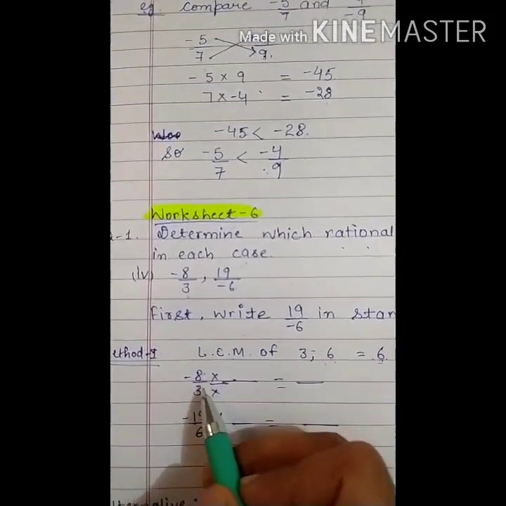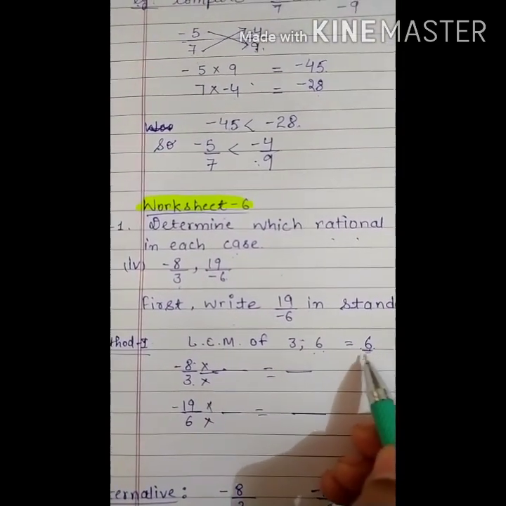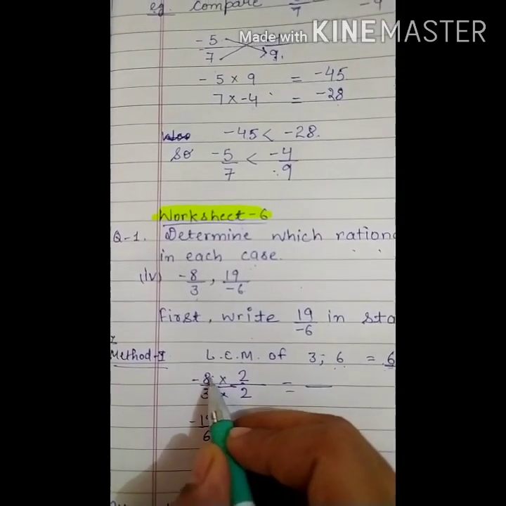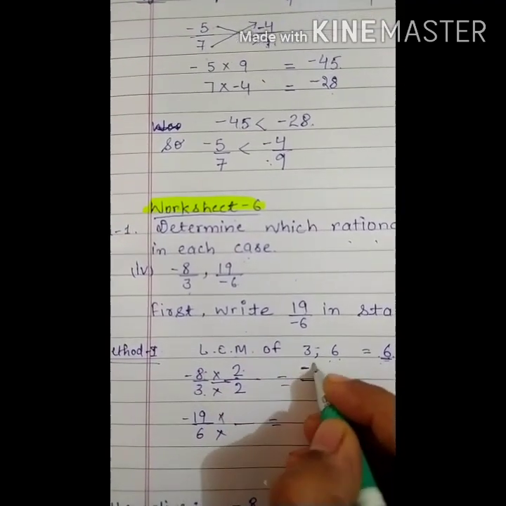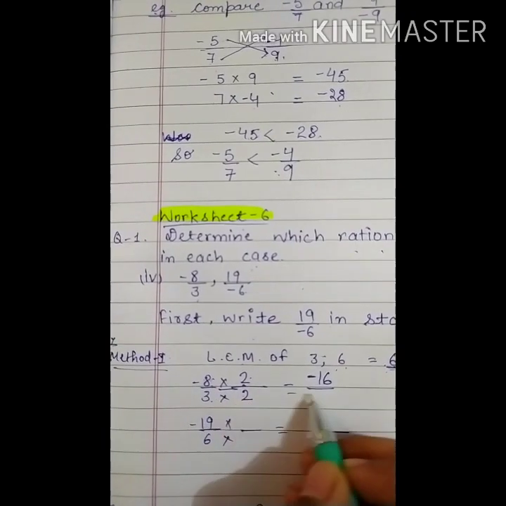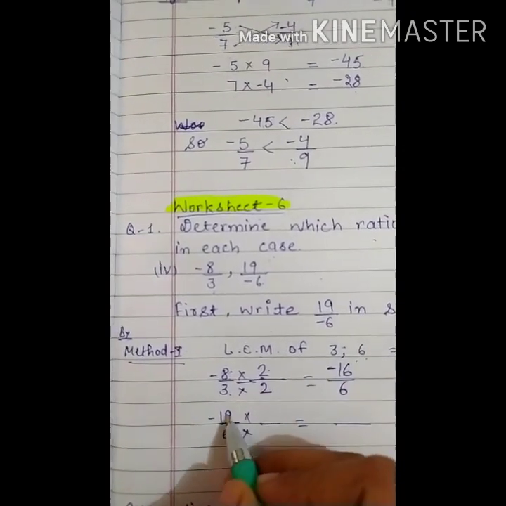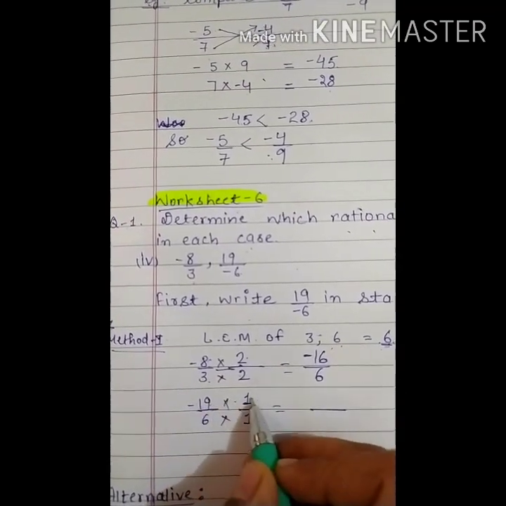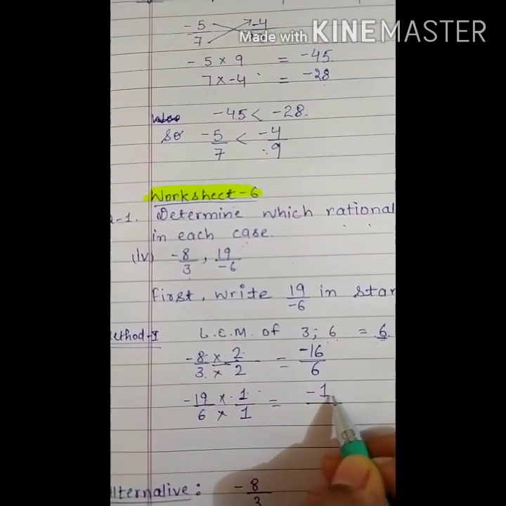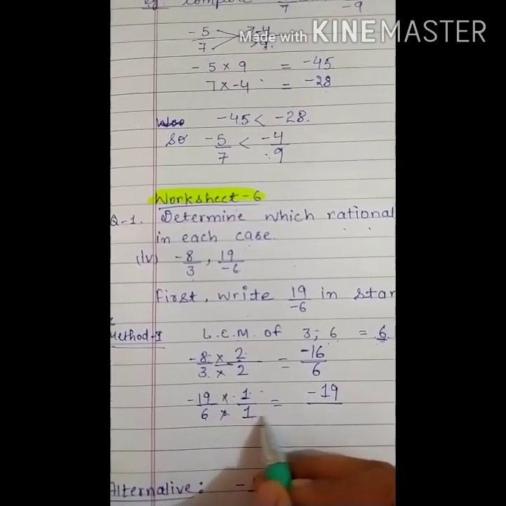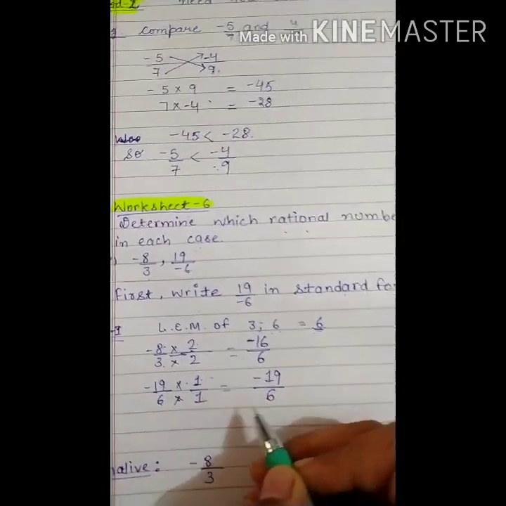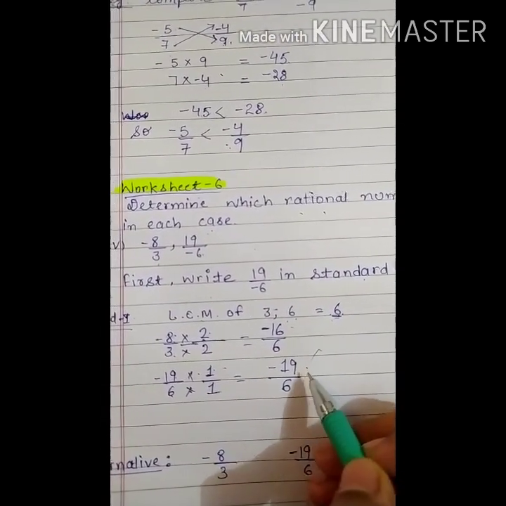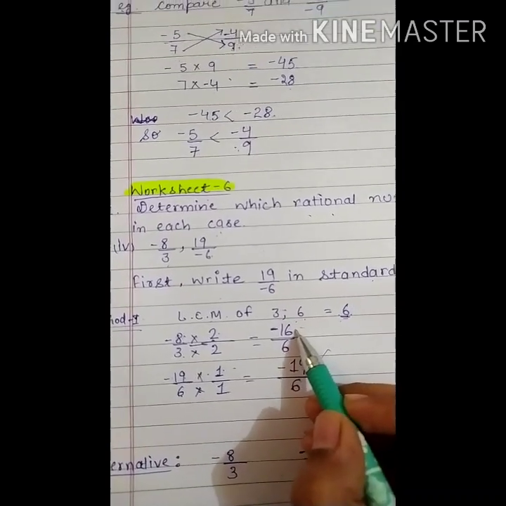Now convert the numbers with the denominator 6. So we multiply this number by 2. -8 multiplied by 2 is equal to -16. 3 twos are 6. In this number we multiply by 1. -19 multiplied by 1 is -19. 6 ones are 6. Now these two numbers have the same denominators, so compare the numerators.